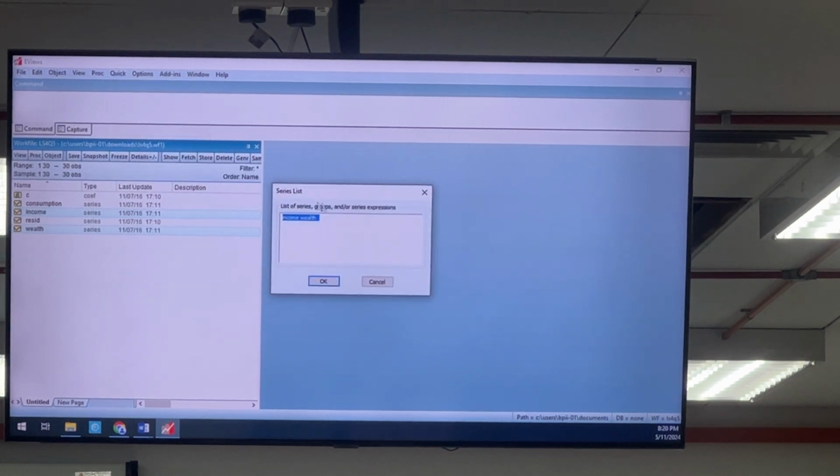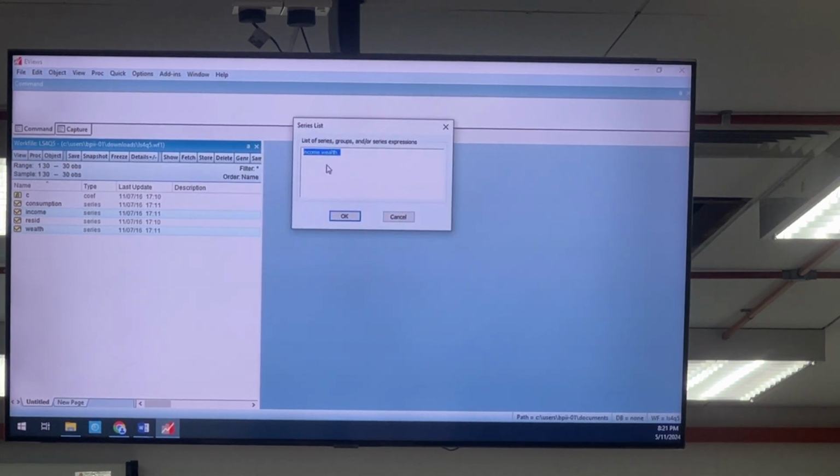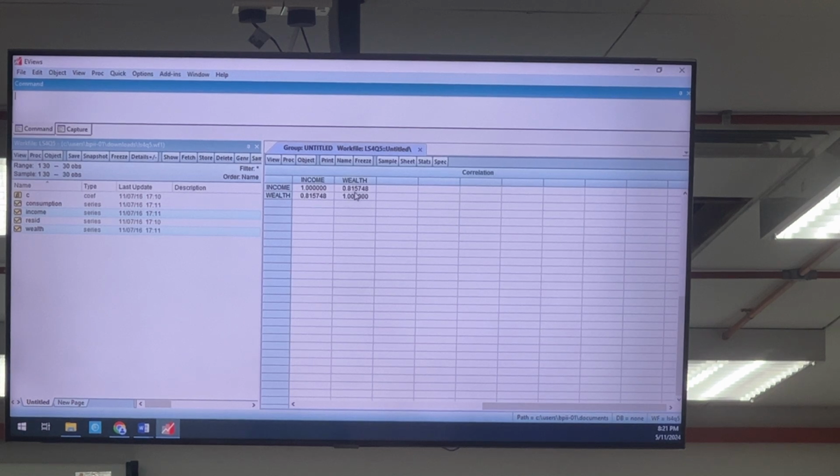Okay, you put in the variables that we selected earlier, and just click OK. So we get the correlation between income and wealth: 0.815748, or approximately 0.82.